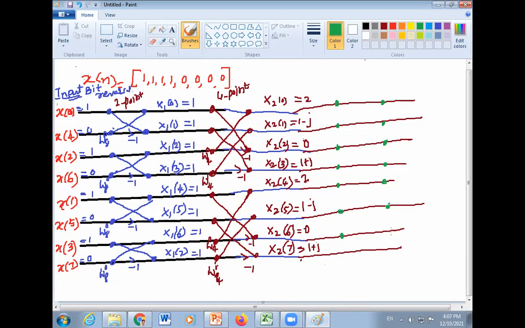Each stage requires how many butterfly diagrams? Will someone tell me the answer?